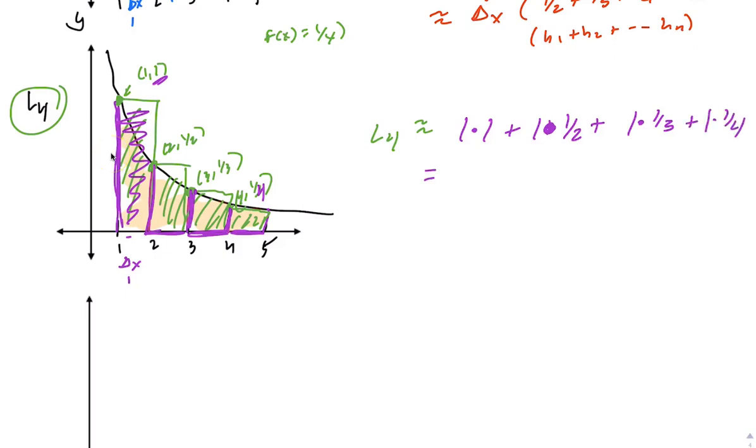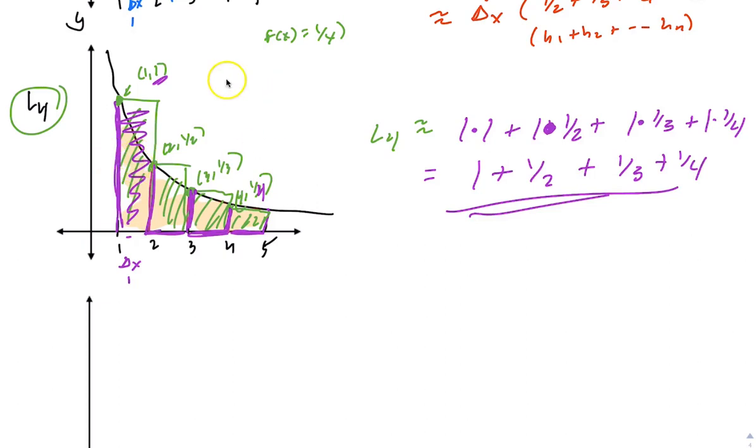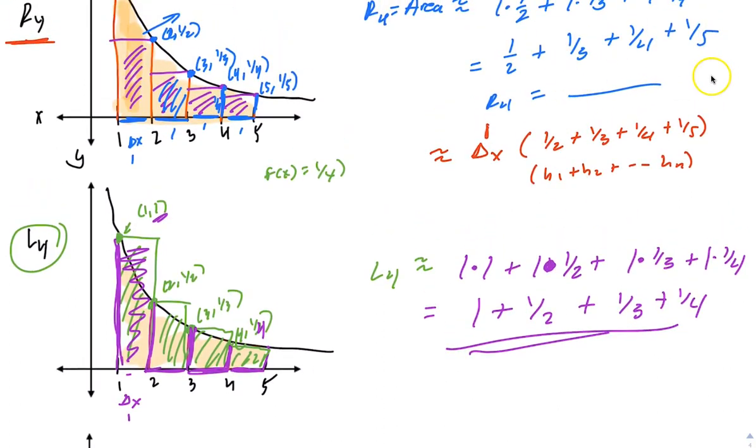If I added this up, I'd get 1 plus 1/2 plus 1/3 plus 1/4. And mine should be something like that. If you notice, the answer there is 1 plus all that stuff. This one, the answer up here is just 1/2 plus 1/3 plus 1/4.